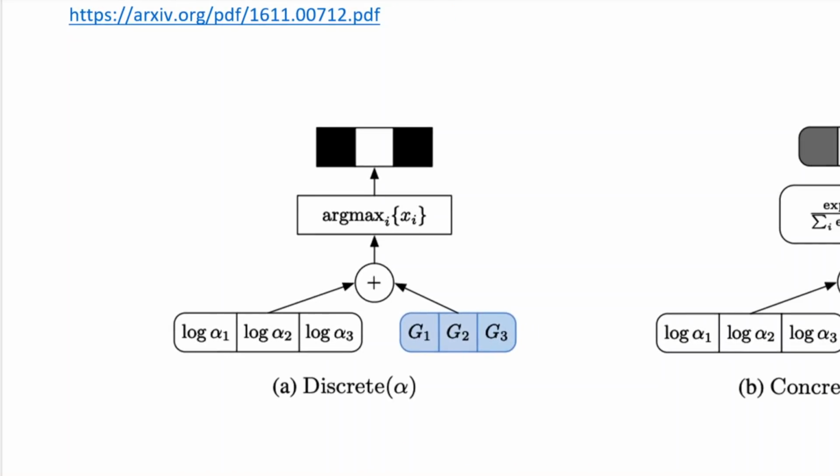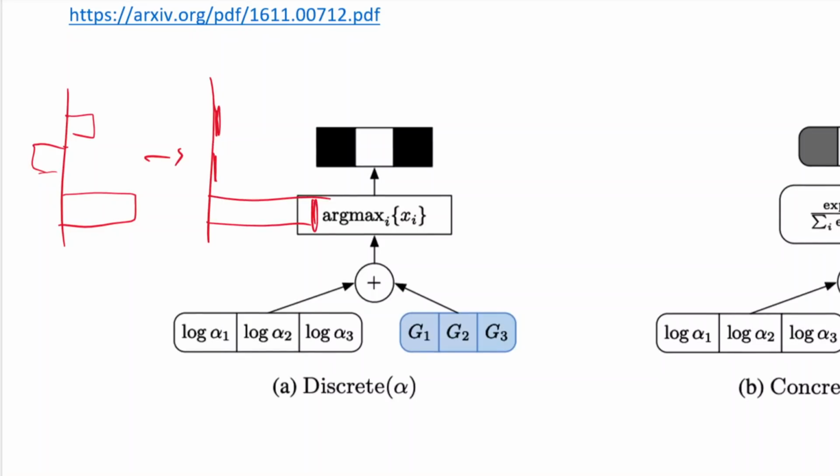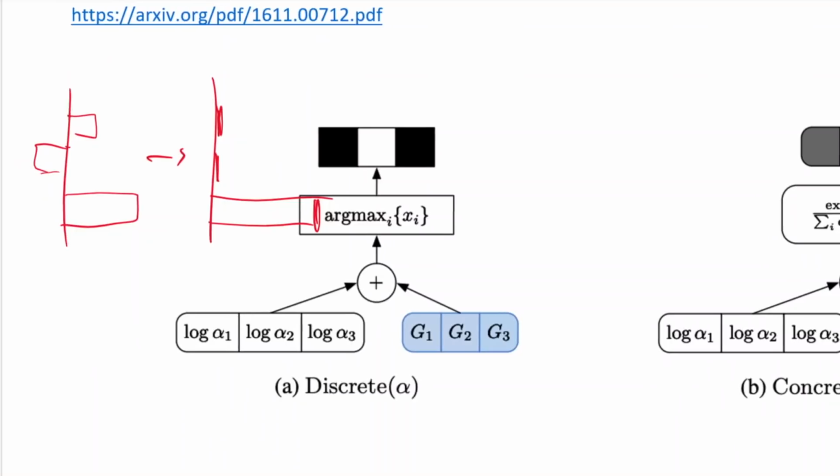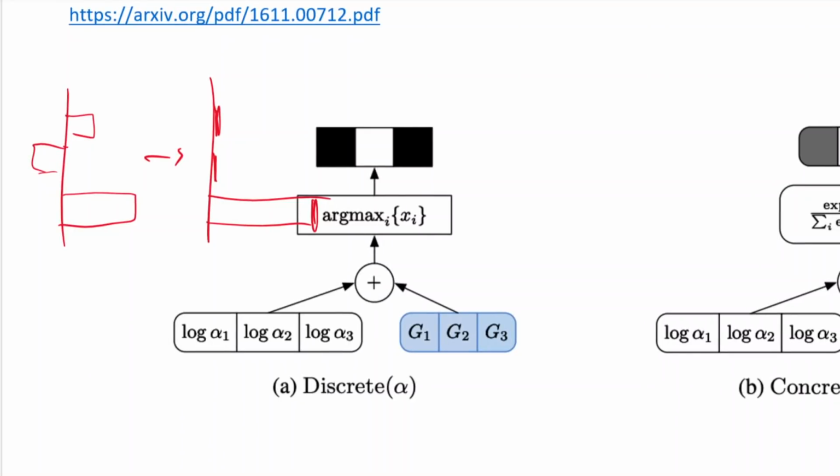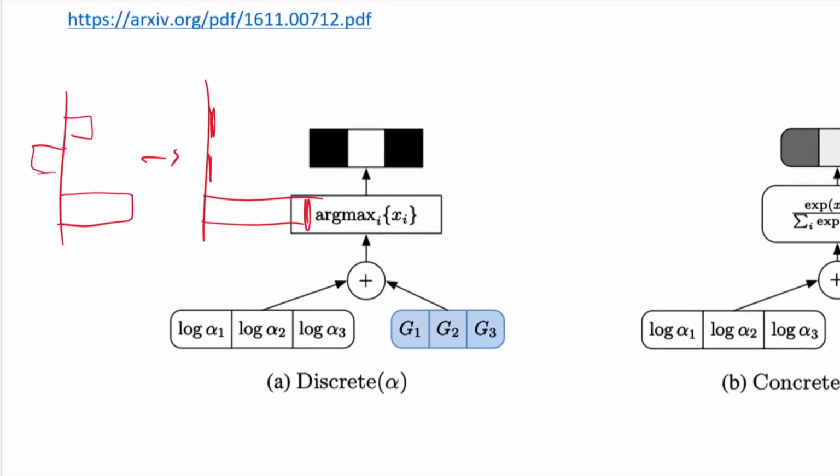You'll have some sort of logits, and you take the argmax of it, which means that you put it into a distribution where it's just one value. This is sort of the same operation as in the VQ-VAE, where we assign each output of the encoder to the nearest codebook vector. We say you can only have one of the codebook vectors, that's it.